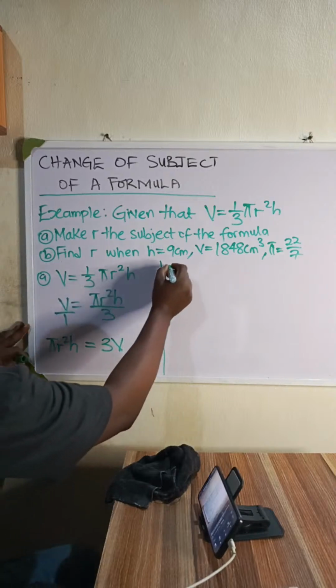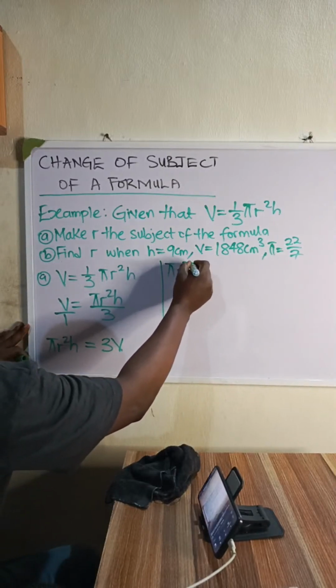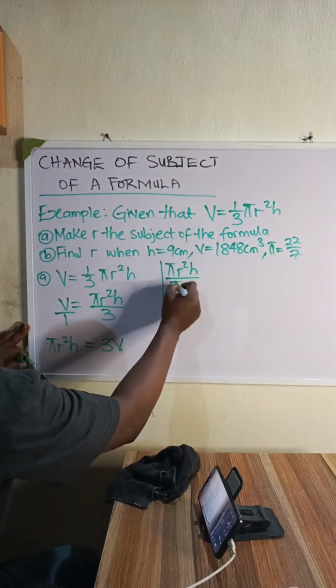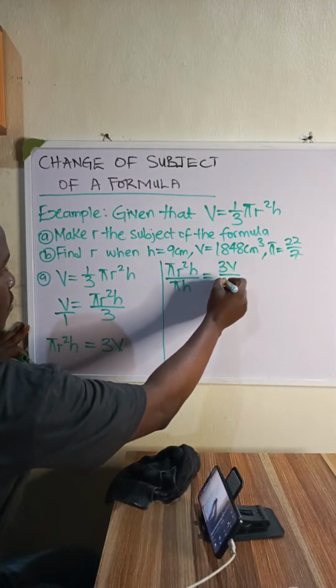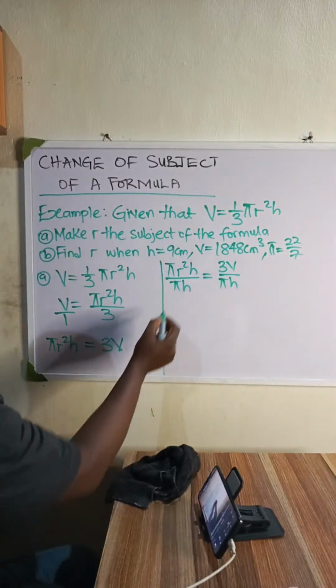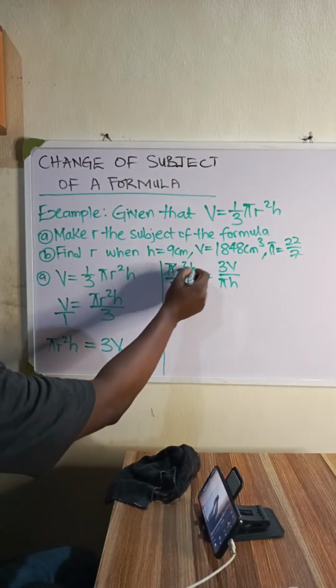We're going to have pi R square H all over pi H is equal to 3V all over pi H. So this will cancel out these two.